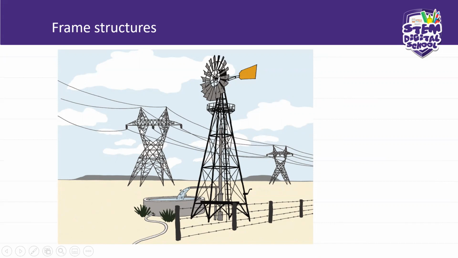Here, the electric pylons are supporting, they are holding up these cables. These cables are transmitting electricity. So transmission can never happen without the support of the frame structures called electric pylons.